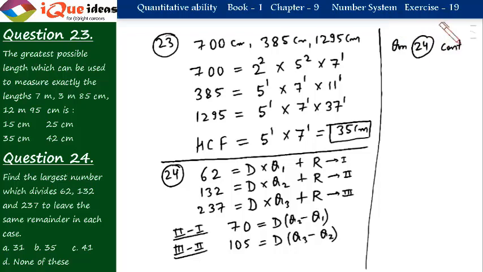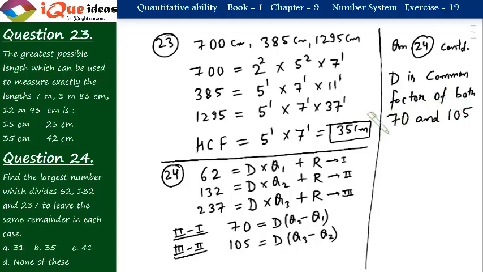Question 24 continued. Okay. So that means D is a common factor of both 70 and 105. All right, but we need the largest such number, so we need to take the largest common factor, that is HCF.